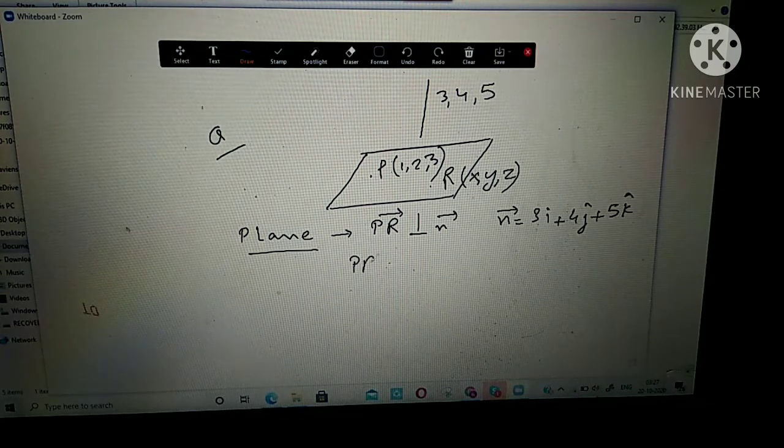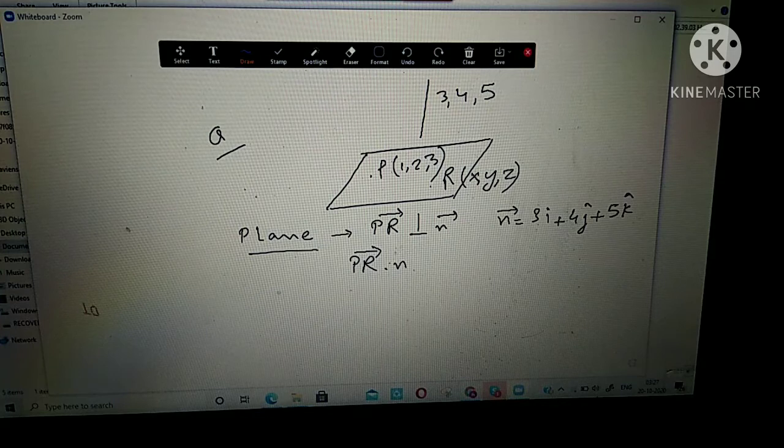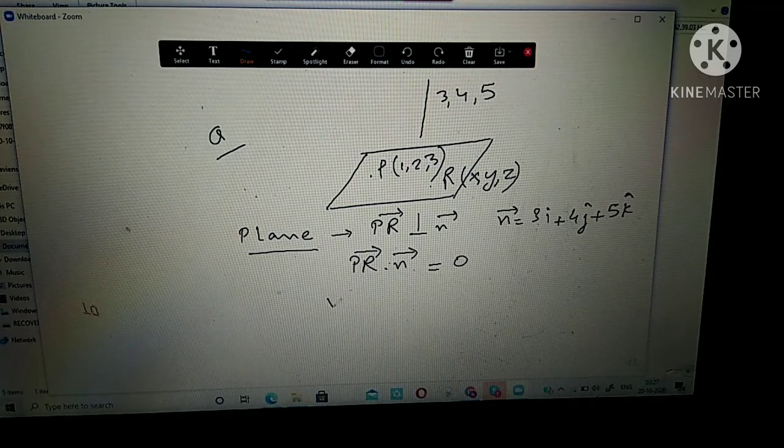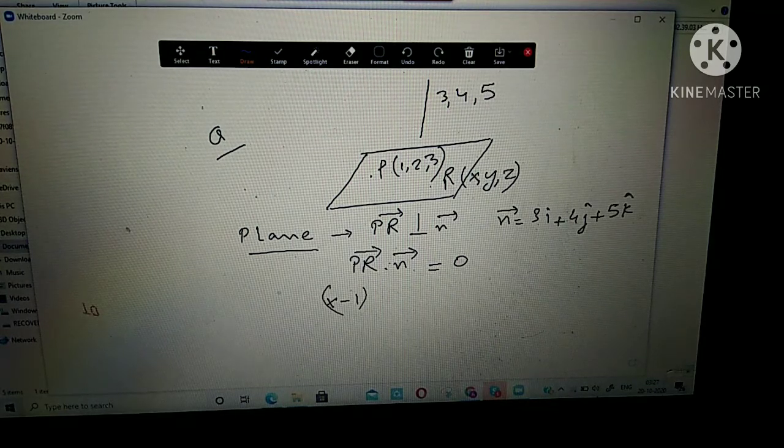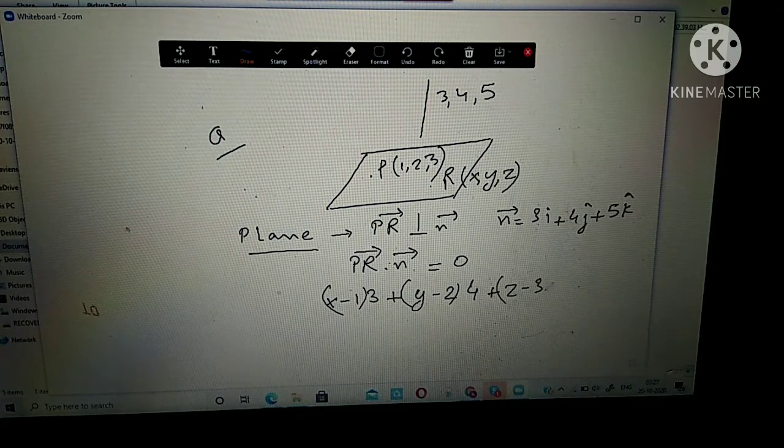So PR vector dot n vector is equal to 0. So I can write 3 into x minus 1 plus 4 into y minus 2 plus 5 into z minus 3 is equal to 0.